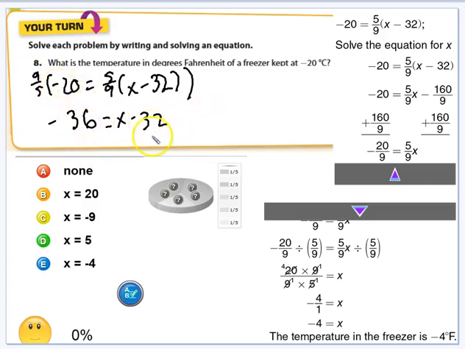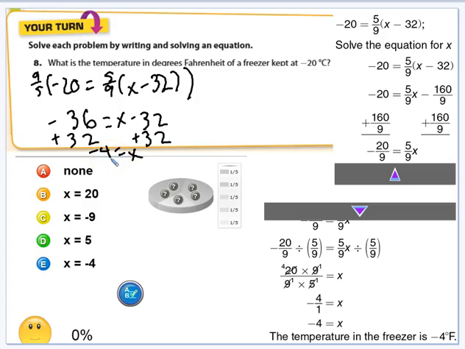So now I need x by itself. So I'm going to add 32 to both sides. I am left with negative 4 equals x. Okay? So when it is negative 20 degrees Celsius, it is negative 4 degrees Fahrenheit. Okay? That is how you work that out.